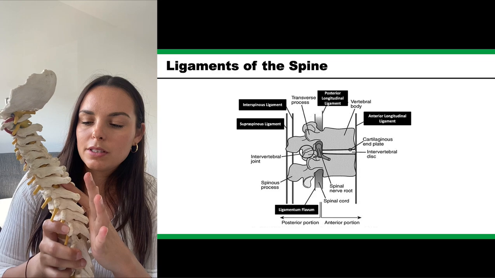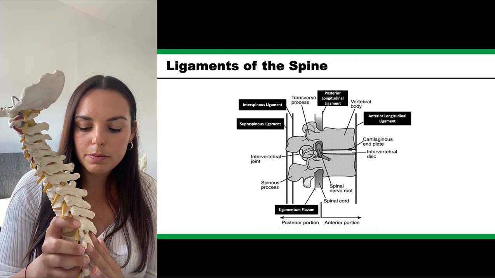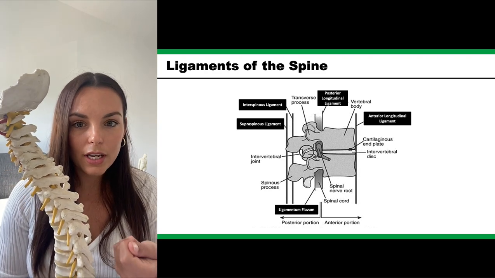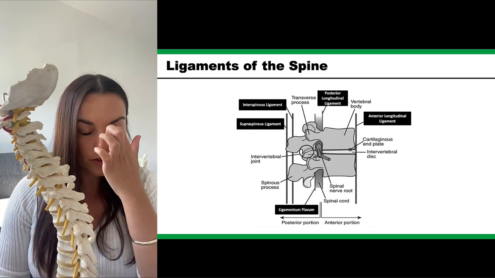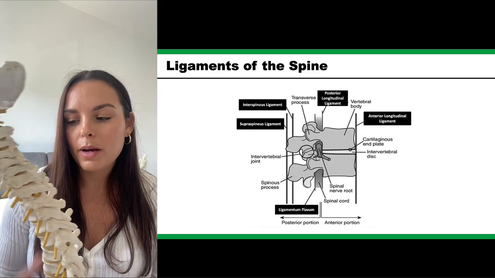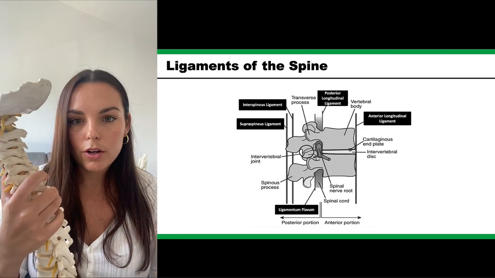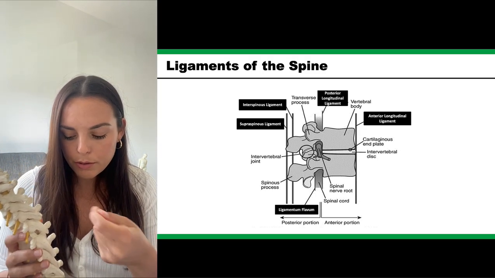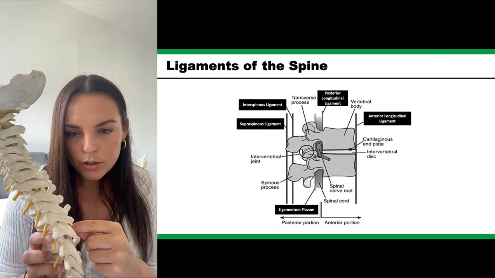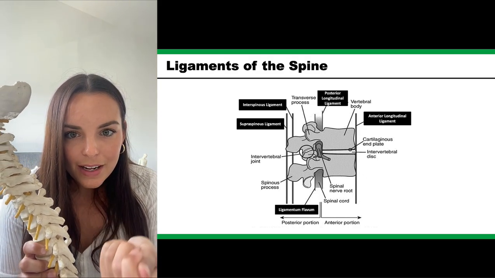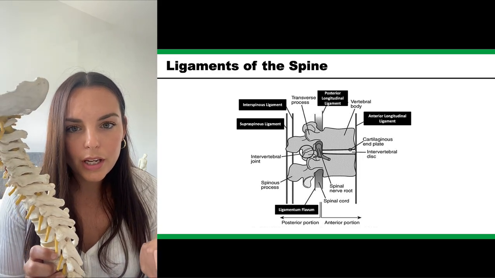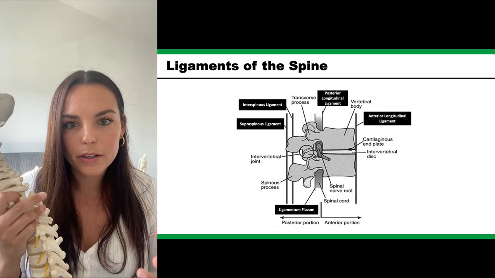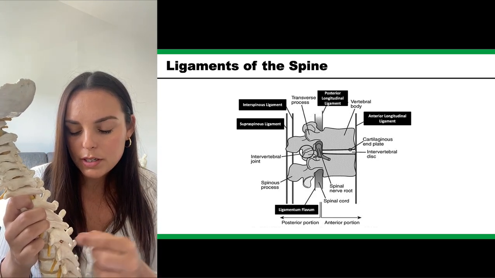It's also the deepest ligament of the spinal column. So if you go to get a needle in your spine, whether that's a spinal tap or perhaps an epidural, I've heard doctors say that when they put the needle in the spinal column, through all of the tissue, the ligamentum flavum is the last thing that they go through before they get into the spinal column and get into the dura mater and all of those different layers.